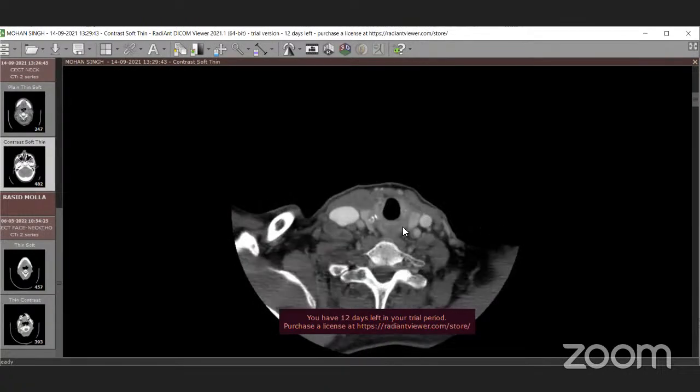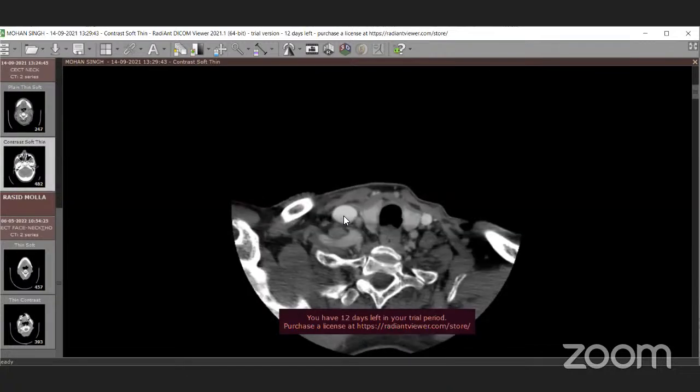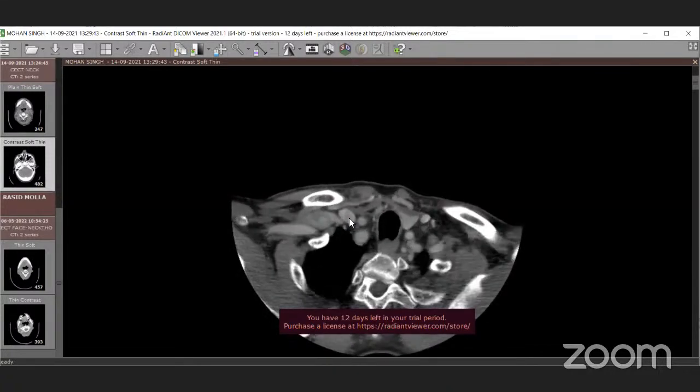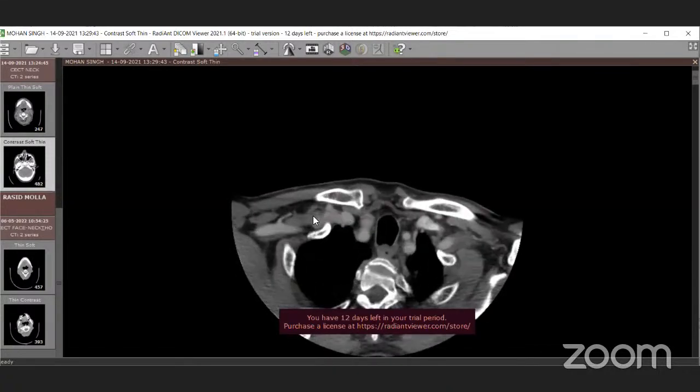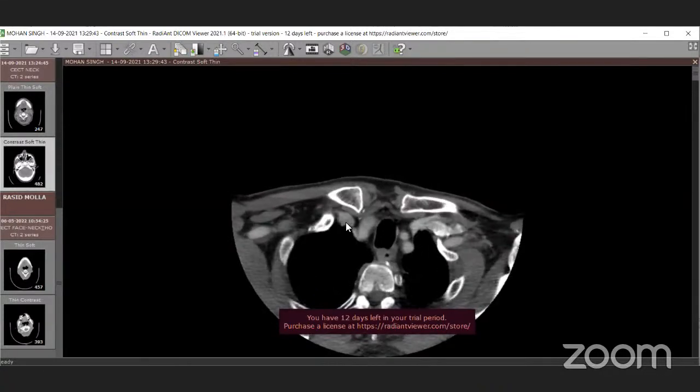These are the big fat IJs. As we trace the IJs down, there's the right subclavian vein, which is anterior and just deep to the clavicle. Whatever forms from this into the mediastinum is the right brachiocephalic vein, which is a short vein.